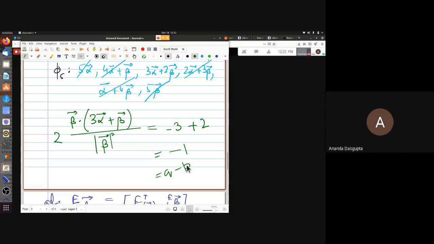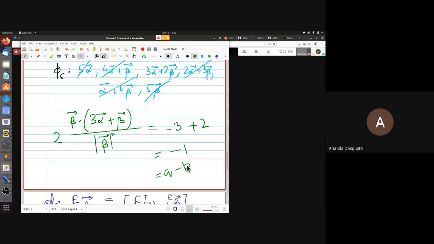So I should be able to shift and get 3 alpha plus 2 beta as a root. If Q minus P is -1, then P has to be at least 1, because Q cannot be less than 0.